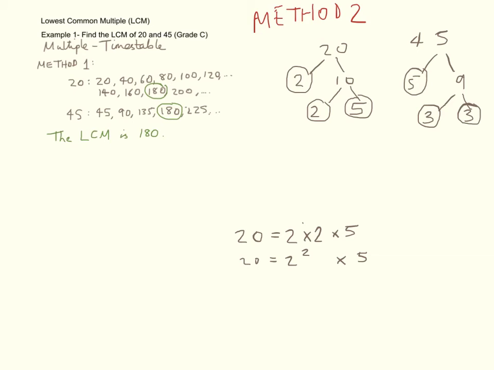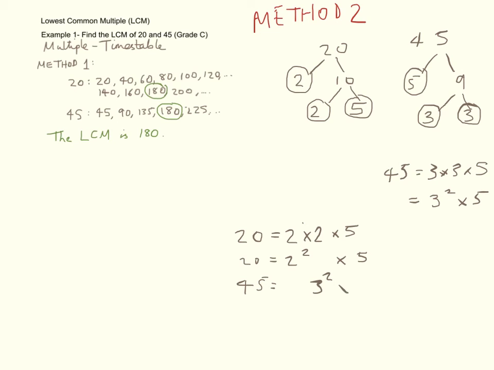So 45 is 3 times 3 times 5, or in other words, 3 squared times 5. Now I'm going to write 45 just underneath 20. You'll see why in a moment.